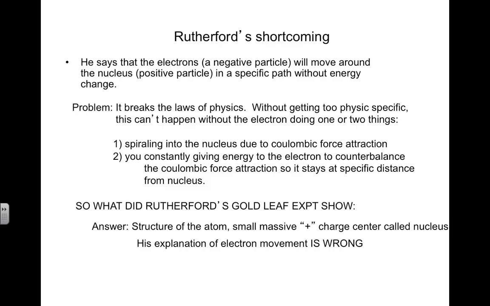And as it spirals into the nucleus, technically you could find the electron at any distance from the nucleus. Or the other way of looking at it is, if the electrons did revolve around the nucleus like planets around the sun, then the atom must be constantly obtaining energy from its surroundings to keep those electrons away, because the Coulombic force needs a counterbalance.